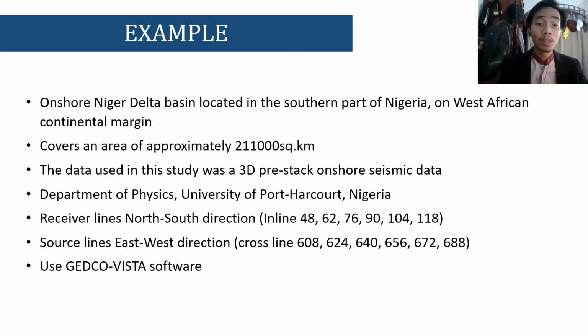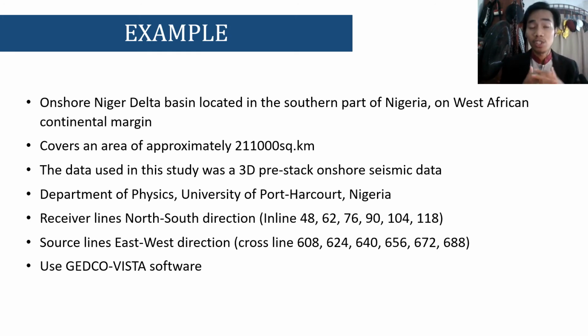In this study, the seismic data were acquired by the Department of Physics, University of Port Harcourt in Nigeria. The area covers approximately 211,000 square kilometers, and the data used in the study was 3D pre-stack onshore seismic data. They used the Geocluster Vista software for the processing of the seismic data.